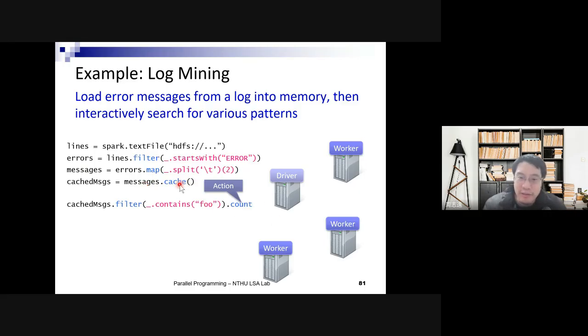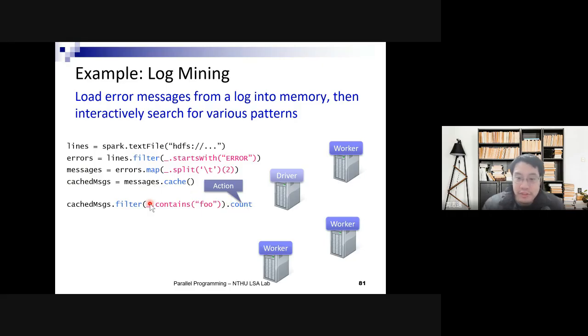The cache will force the data set to be stored when the data set is materialized. Count is the action because we only get the result if we process the whole data set, so this will trigger Spark to start processing the data.